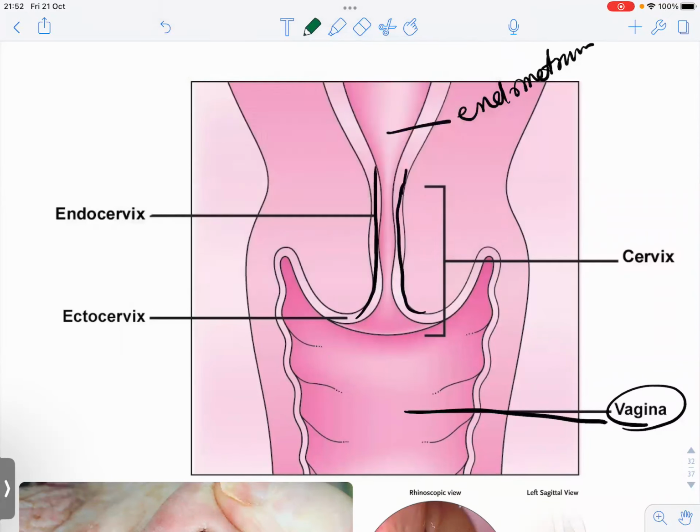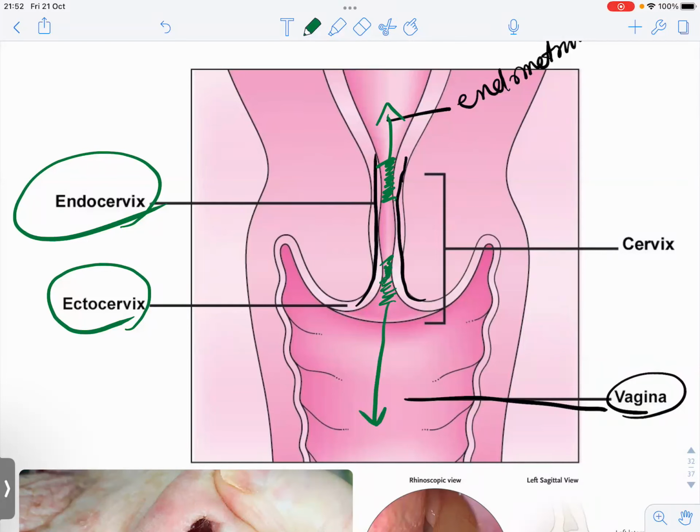Which one of them must be stronger? Of course, the exo. Why? Because the exocervix is near the outer environment, and during sexual intercourse, the penis will go inside the vagina. So this part of the cervix must be stronger to face the friction of the penis, or also to face the irritation coming from the outer environment.